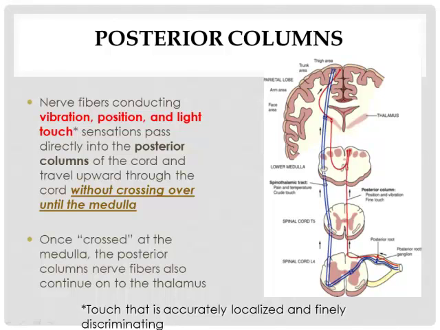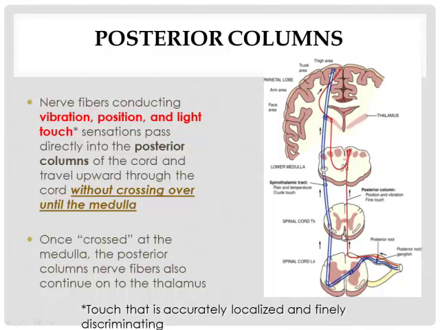Whether somebody had an injury or a stroke or something happened that injured your spinothalamic tract, if you have a lesion, let's say here at T5, or even higher, you're going to lose pain, temperature, and light touch on the opposite side below the level of the lesion.